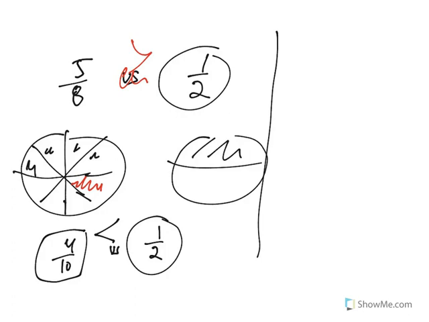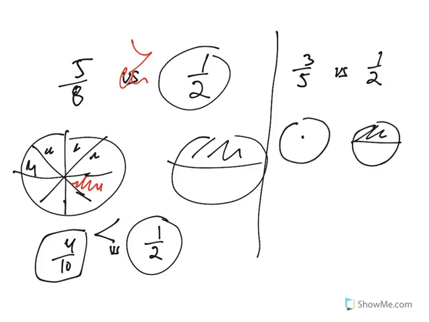It's interesting to me when there's an odd number in the denominator, like 3/5 versus 1/2. It's pretty hard to think about because fifths aren't so easy to draw. And there's also this complicated idea that you can't actually do a perfect half with fifths if I'm using a whole number of slices.